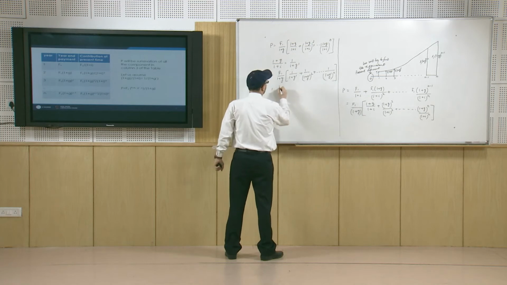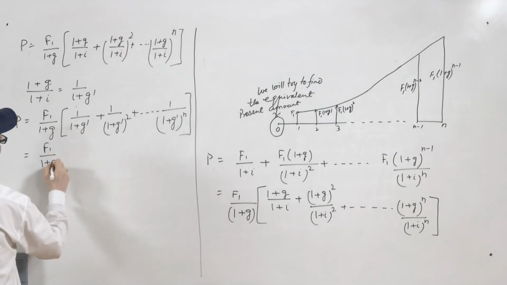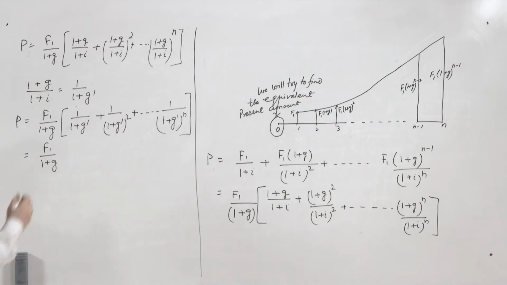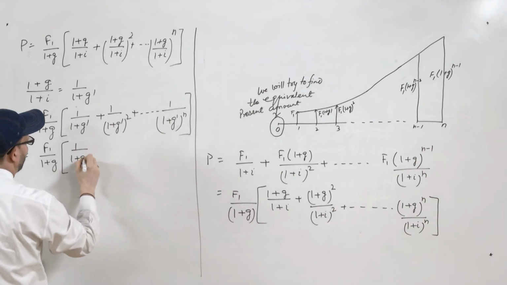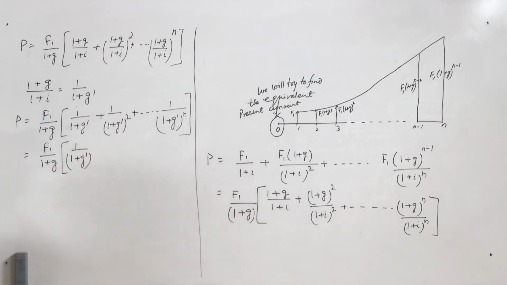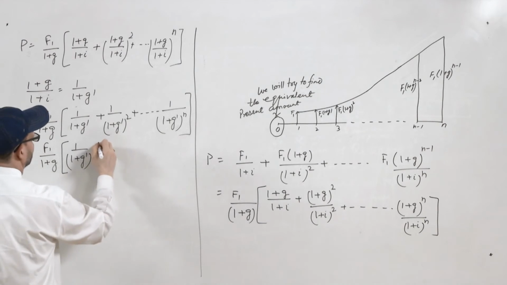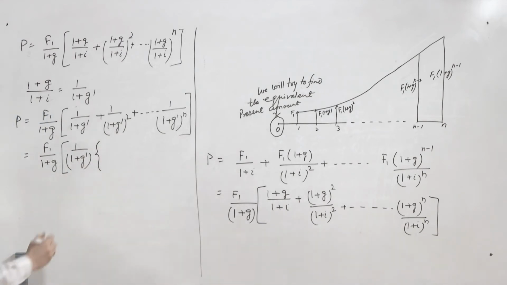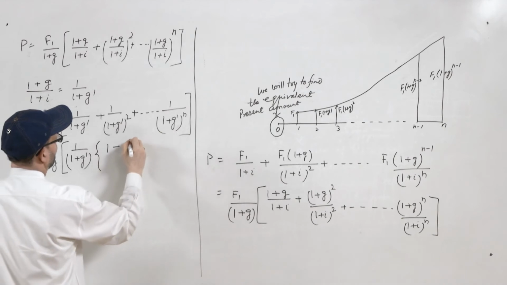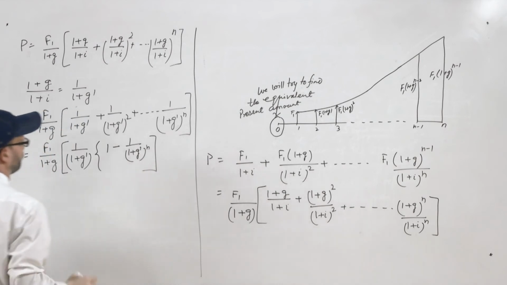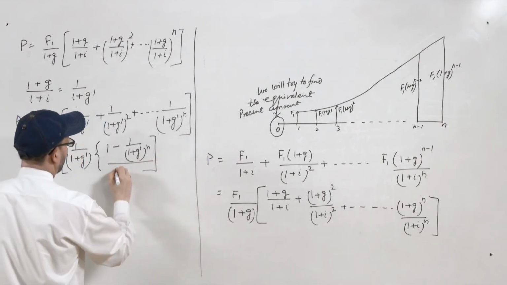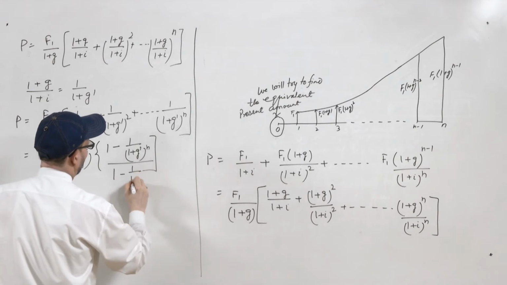For this, f1 by (1 plus g), a into (1 minus R^n), so 1 by (1 plus g prime) times [1 minus 1 by (1 plus g prime) to the power n] divided by [1 minus 1 by (1 plus g prime)].